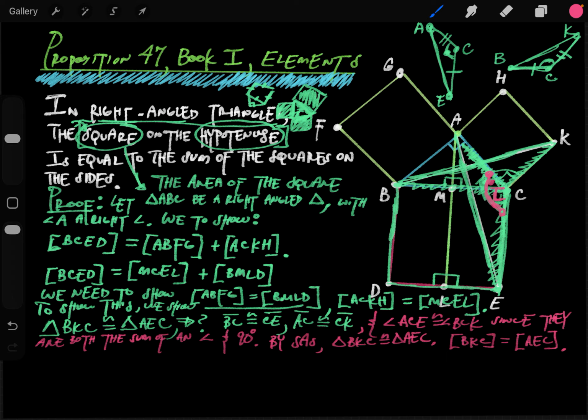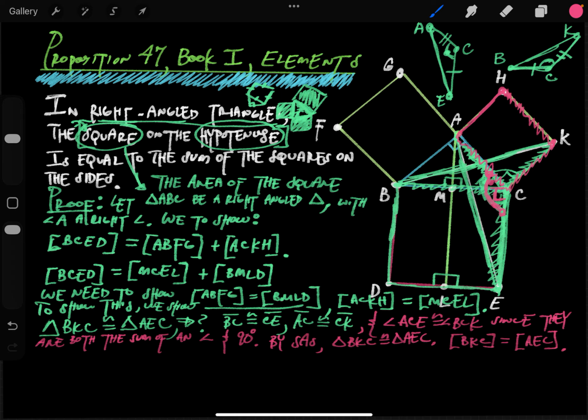Okay, now once we have this relationship, we begin to look at the relationships between the area of BKC and the area of this square. So we need to show that the area of BKC times 2 is the area of this square.